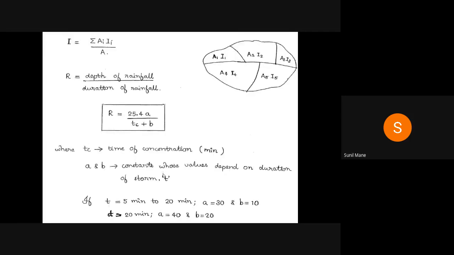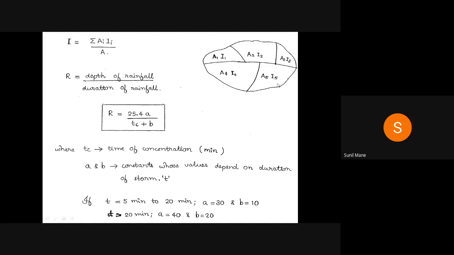So what is I? Whenever we are calculating I, the figure is being given over here. Based on that figure, you can see that depending upon the topography, we are going to have various areas and various intensities.